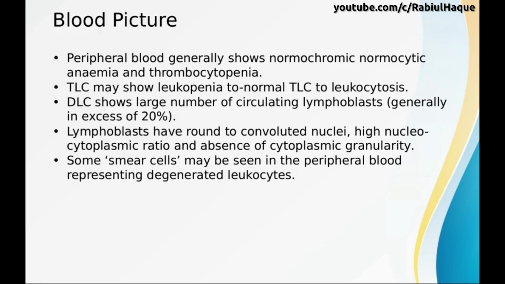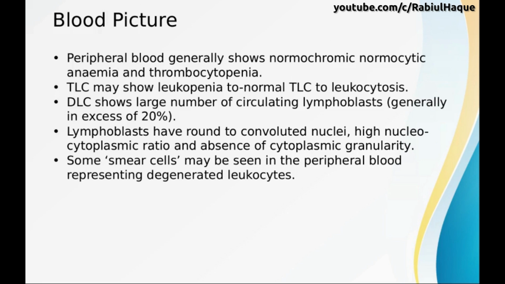Regarding the blood picture, always remember, peripheral blood generally shows normochromic normocytic anemia and thrombocytopenia. Total leukocyte count may show leukopenia, normal leukocyte count or leukocytosis. Differential leukocyte count shows large number of circulating lymphoblasts, generally in excess of 20%.